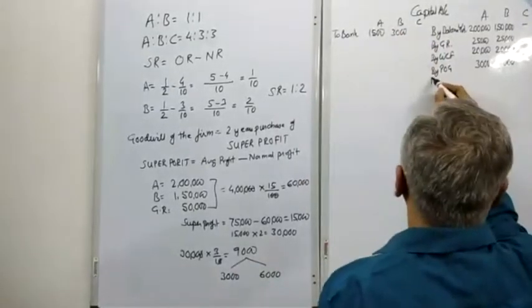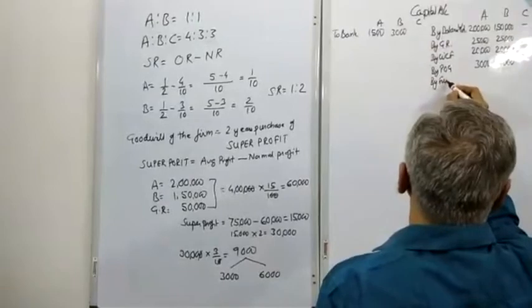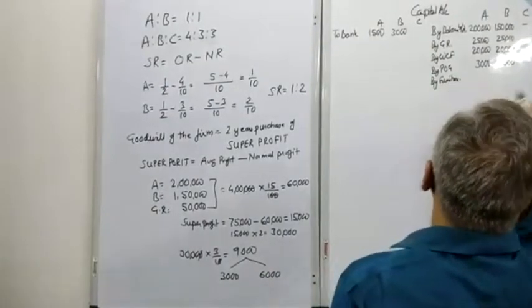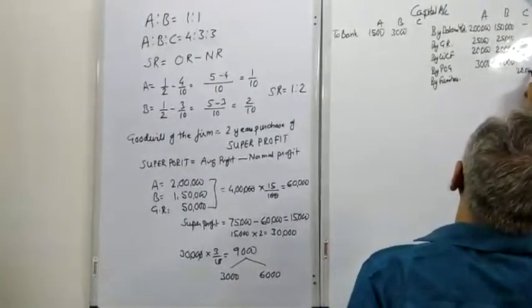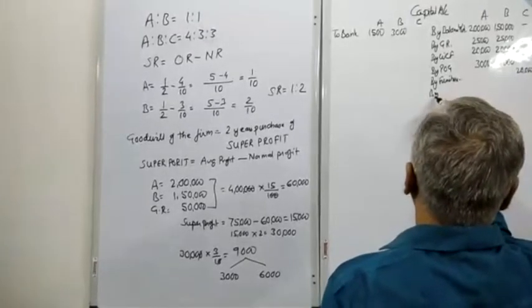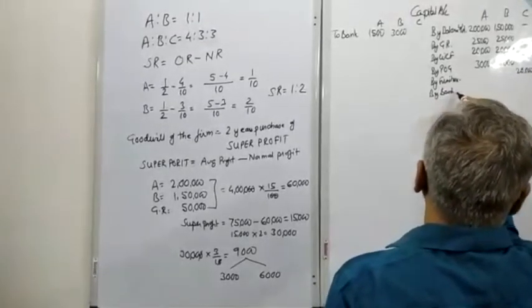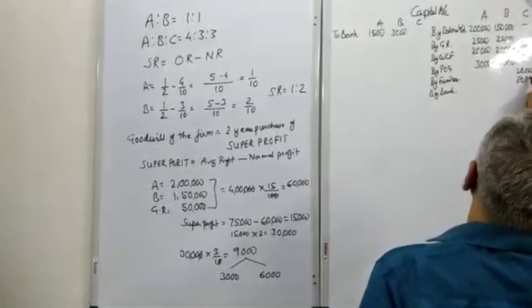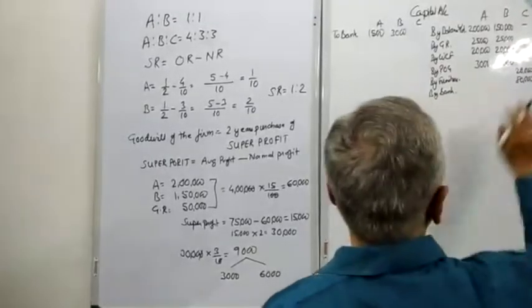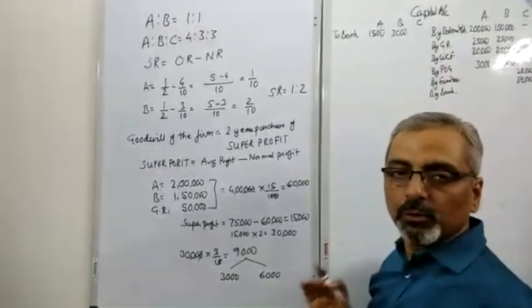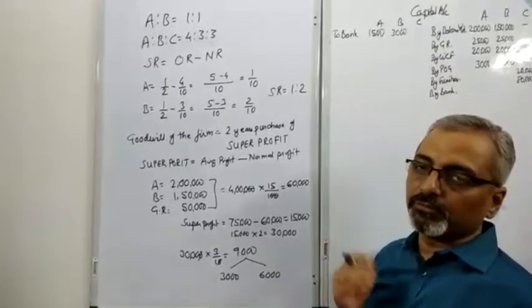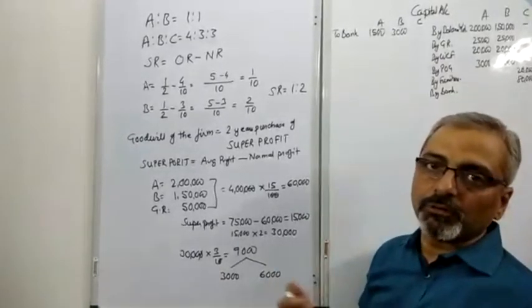After that, by furniture 20,000, this is being brought by C, and by bank or by cash over here 80,000 has been brought in by C. So this is the capital which is being brought in by the new partner, 20,000 in furniture and 80,000 in the form of cash.